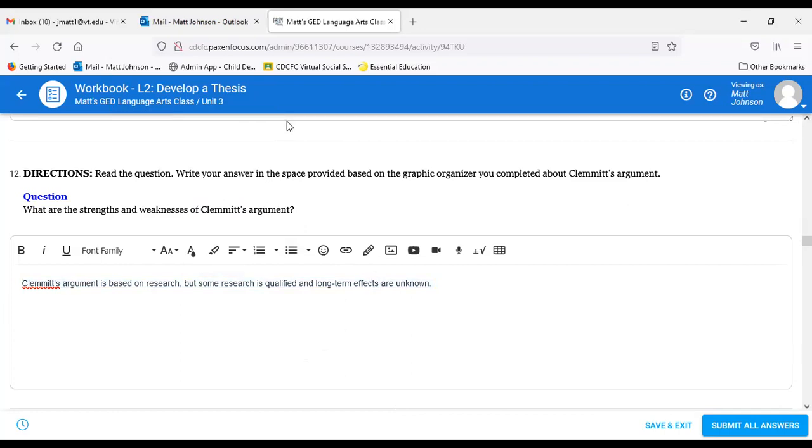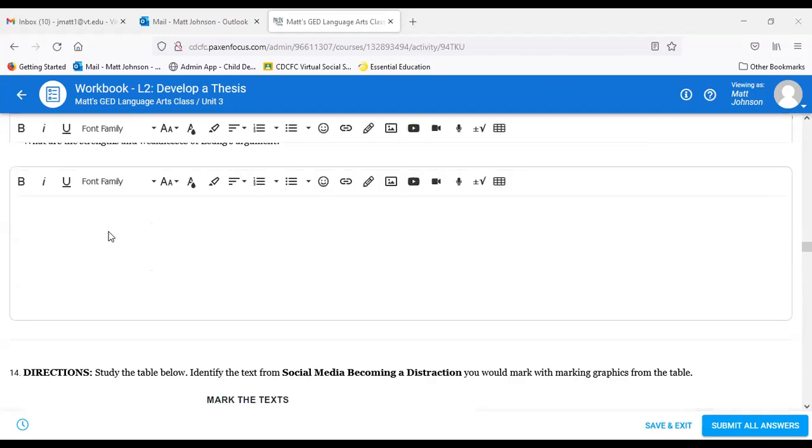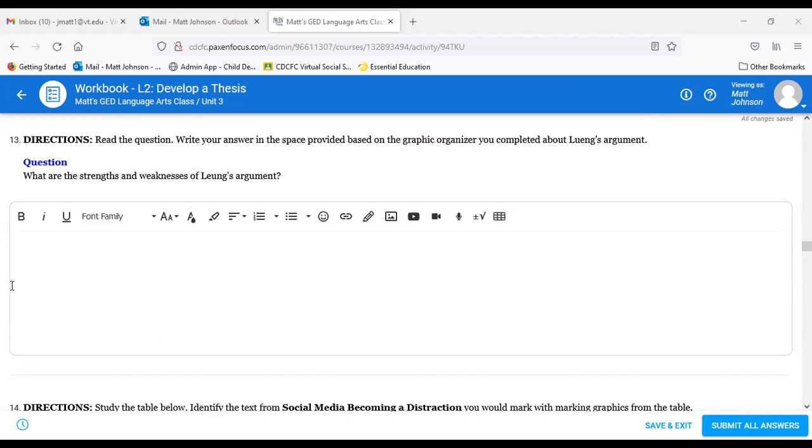Okay. And then we're going to do the same thing for Leon. So what can we say about Leon's argument? But she also uses evidence-based research or research-based evidence. Sorry, you're right.